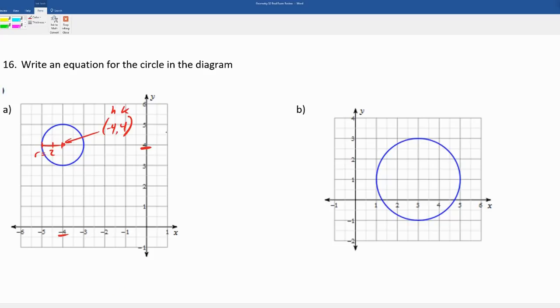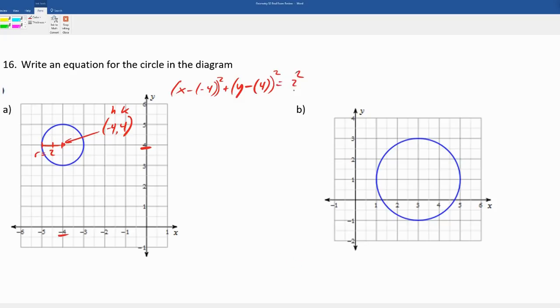Don't forget that's h and k right there. So let's go ahead and set up our formula. X minus my h value, which is -4, and we square it, right? Plus our y minus our k value, which is +4, square it, equals our radius, which is 2.